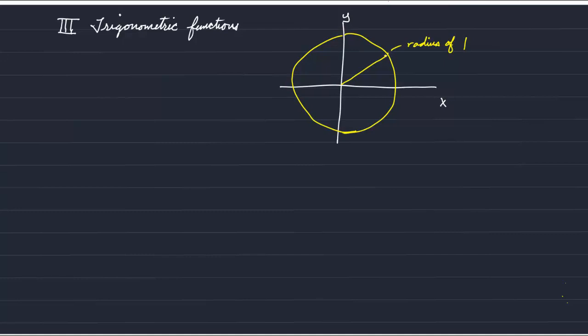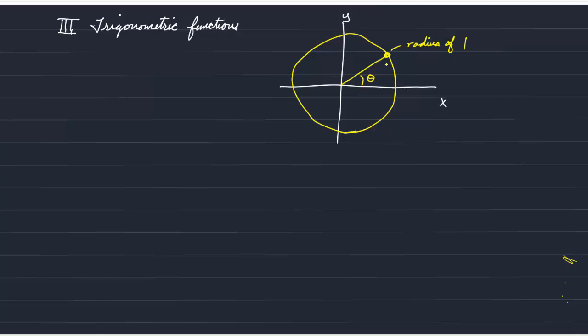And if we look at a certain point on that circle, and we draw a radius arm connecting that point to the origin, the angle between that radial arm and the horizontal or x-axis is theta.